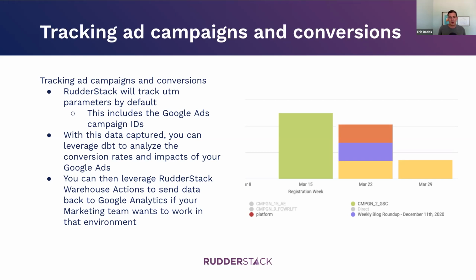The other thing is, from a traditional ETL standpoint, which I know we're talking about event streaming, Google and Google Analytics, but you can use ETL like RudderStack Cloud Extract to pull Google Ads campaign performance data, and Facebook ads, et cetera, campaign performance data from a variety of different ad platforms, Pinterest, et cetera, into the warehouse as well. Then you have your spend data, and because you have all these UTMs, you can start to do really interesting cost per acquisition analysis by campaign, which is really, really cool.